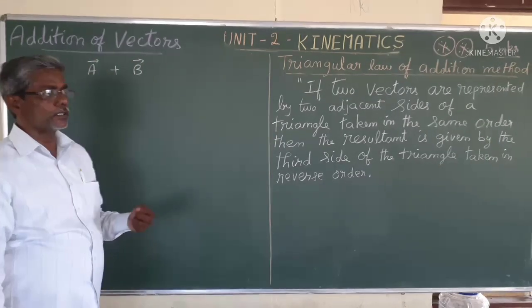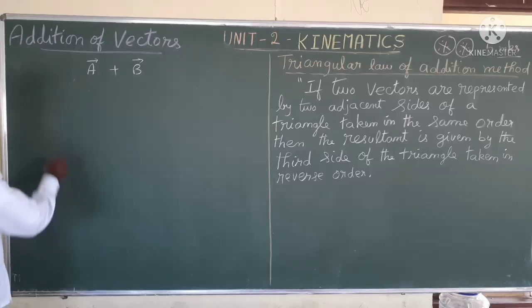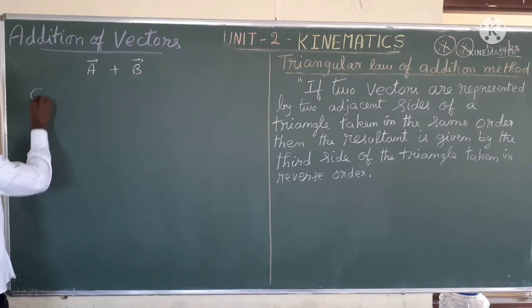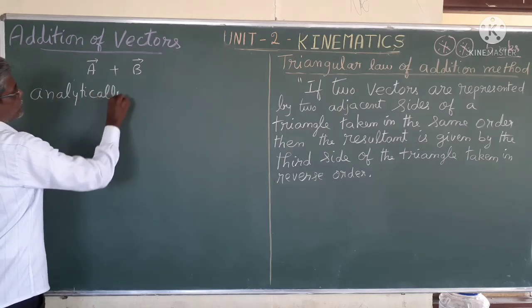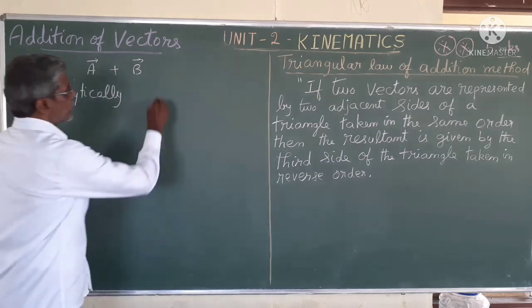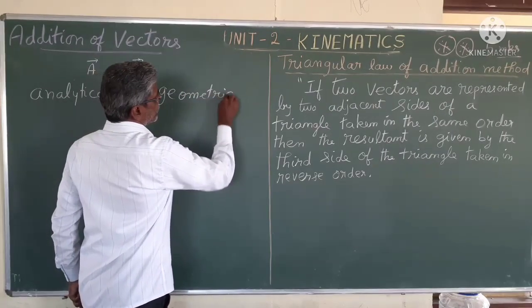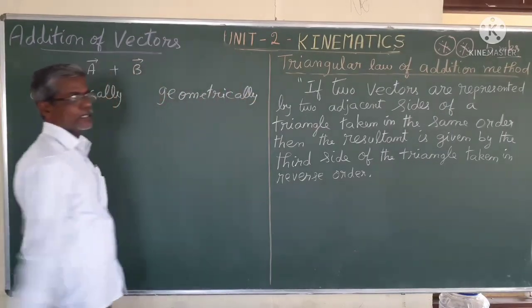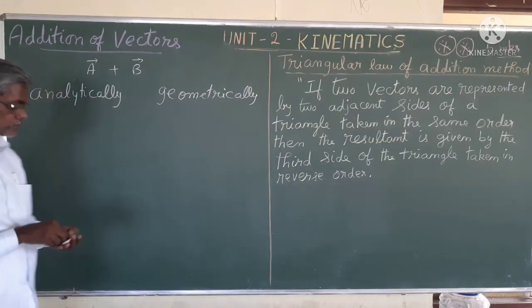There are two methods to add two vectors. One method is the analytical method. The other one is the geometrical method. What is the analytical method?